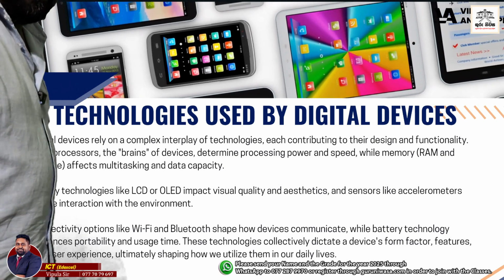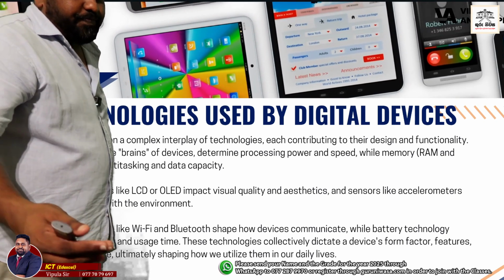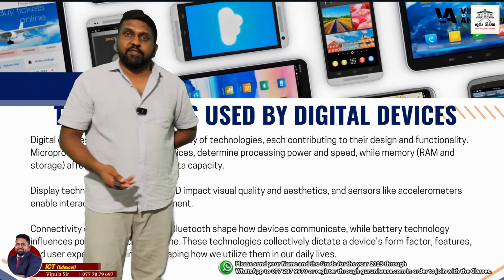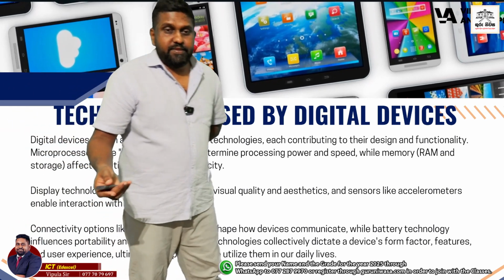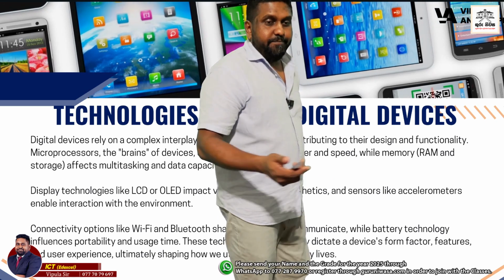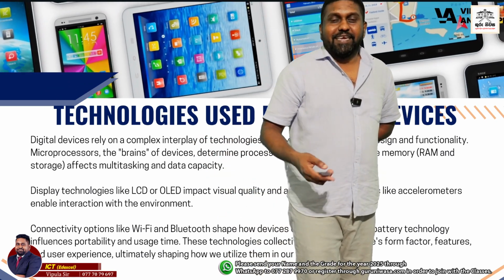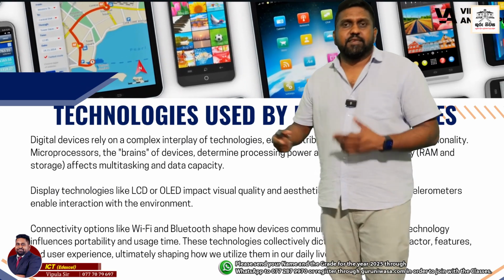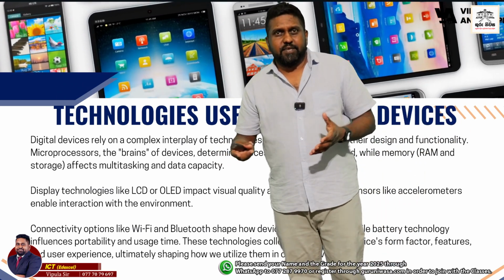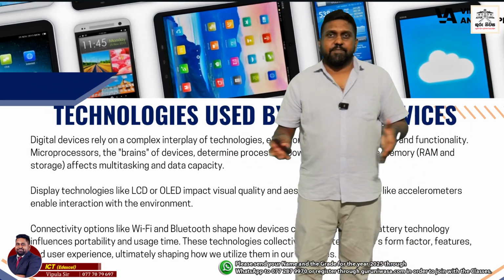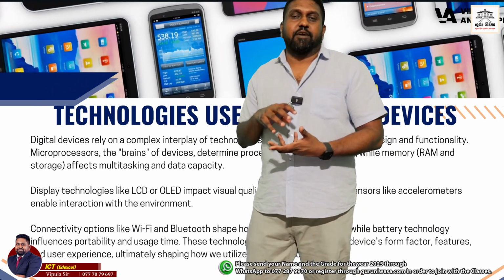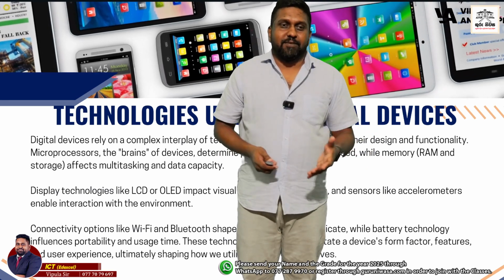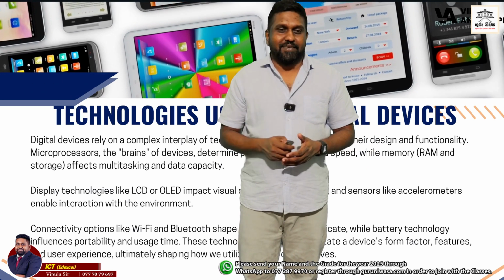For example, we have microprocessors, which act as brains, and then we have different types of RAM and different types of memory modules, and so on and so forth. All of these technologies in different devices were separated into different parts, but now they are all mixed into one, and we have a single structure which is known as technologies used by digital devices.